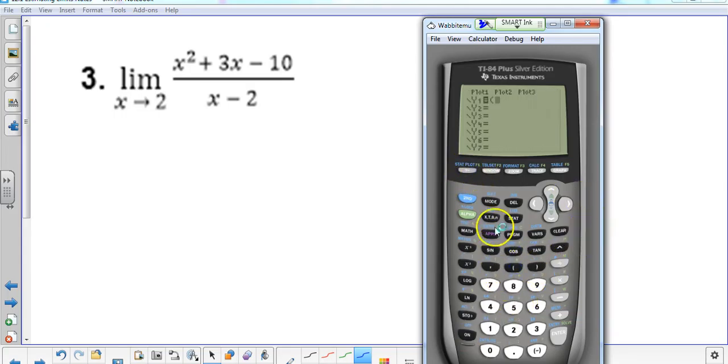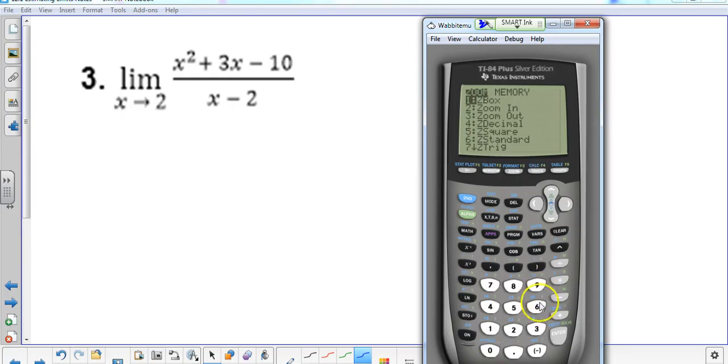Just switching back and forth here. X squared plus 3x minus 10 with parentheses divided by quantity x minus 2. Does this graph have an asymptote? Whoops, zoom 6. It does not have an asymptote.